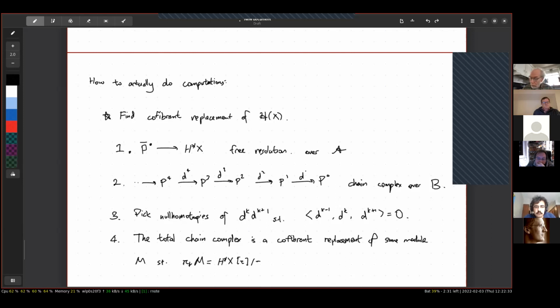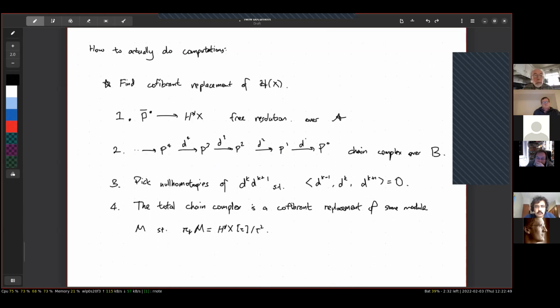So notice so far we still don't know what the secondary cohomology of X is. But if we do this procedure, we end up with a chain complex that is a cofibrant replacement of a module that looks like it could be the secondary cohomology of X. With this, we're almost done.